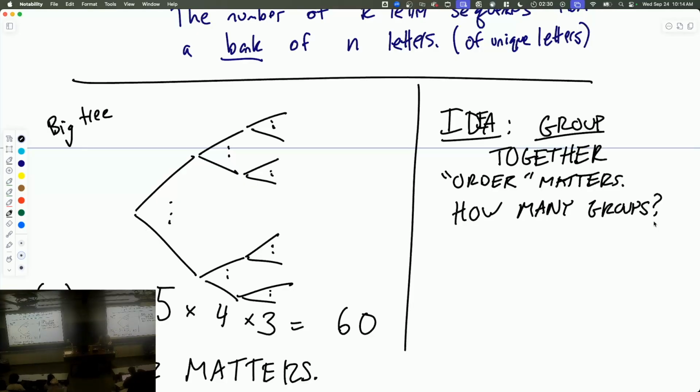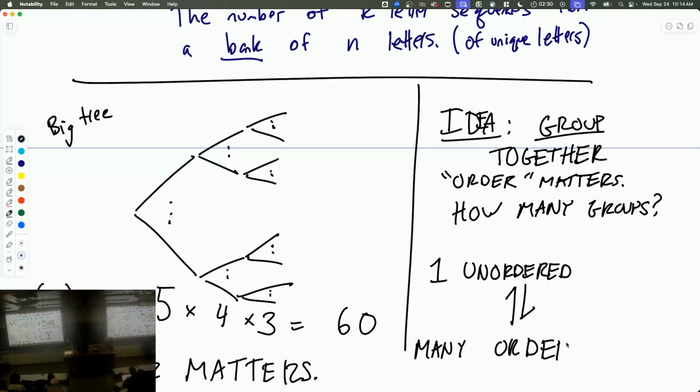So one unordered hand corresponds, and I'll write a funny arrow like this, to many, many ordered. This is just saying there are many ways you can rearrange this hand of cards. If you're going to deal them out one at a time, there are many ways you could do it.